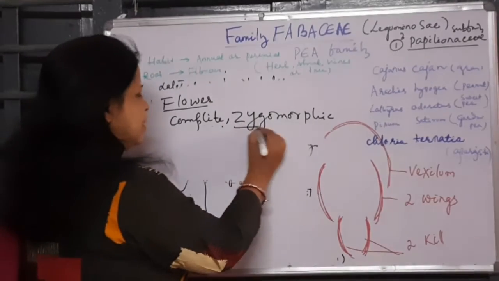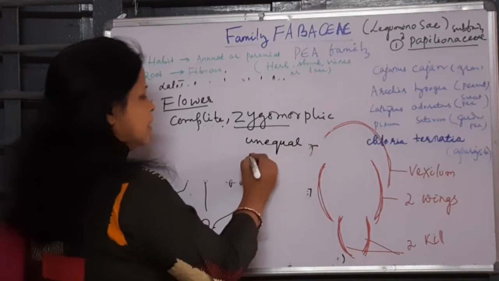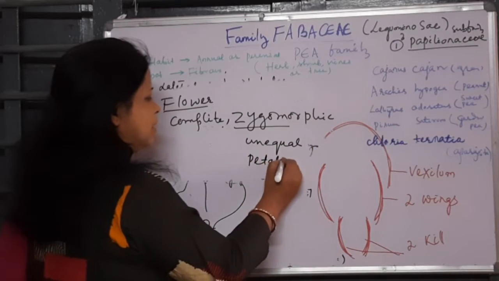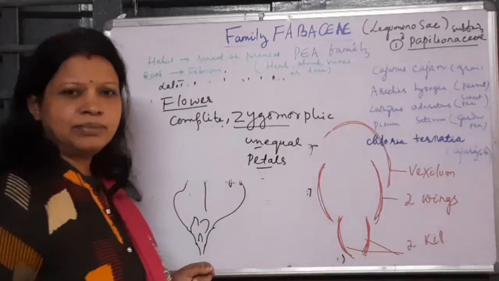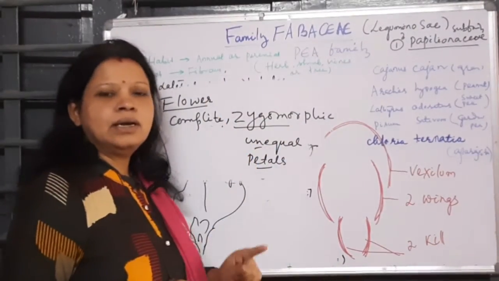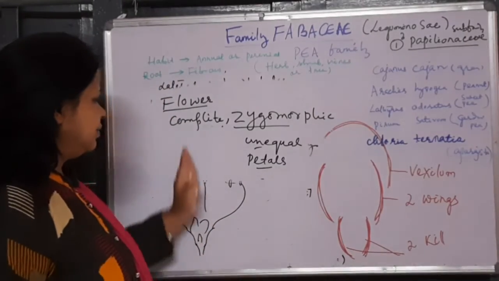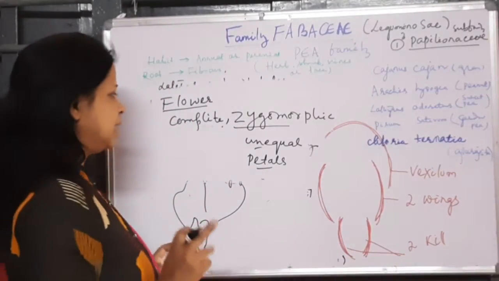So zygomorphic means unequal petals. The flowers having unequal petals is a zygomorphic flower. Or zygomorphic means asymmetric, or the flower can be divided into two equal halves in only one vertical plane.